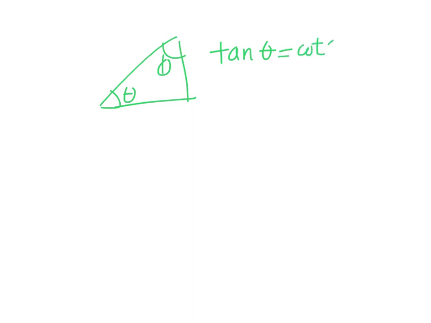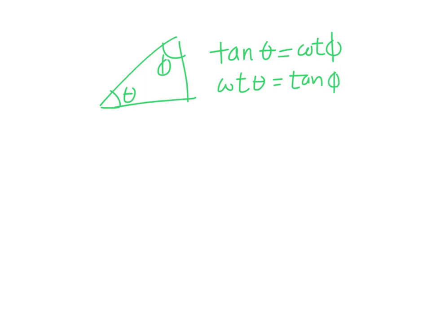The third way to look at this, and we're going to have to backtrack a little bit. Whenever you have a triangle and your angle relative to the x is theta, your angle relative to the y is phi, you know that tan theta is the same as cotangent of phi, and vice versa. So cotangent of theta equals the tangent of phi.